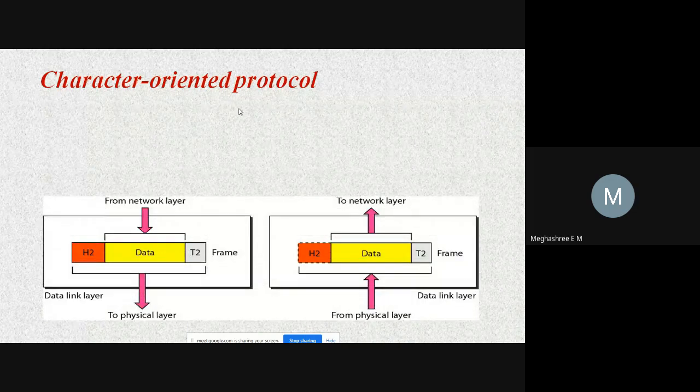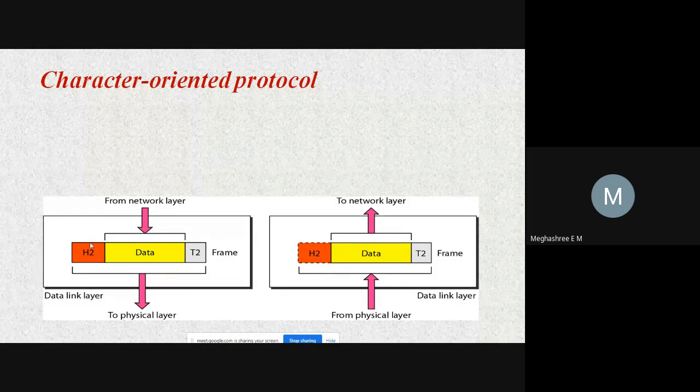Here you know how frames are formed, right? The header and the trailer will be added to the data, and this we call a frame. Adding header and trailer is nothing but encapsulation, and removing the header and trailer at the receiver end, we call decapsulation. We studied this in the first module.